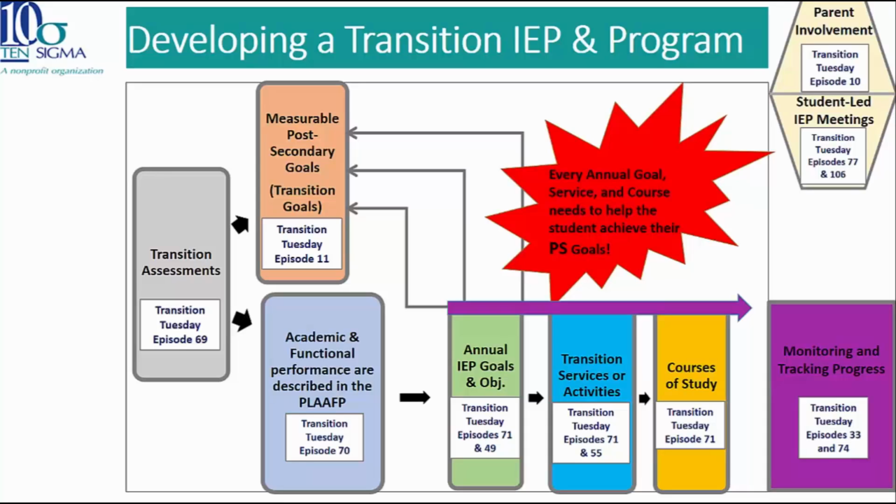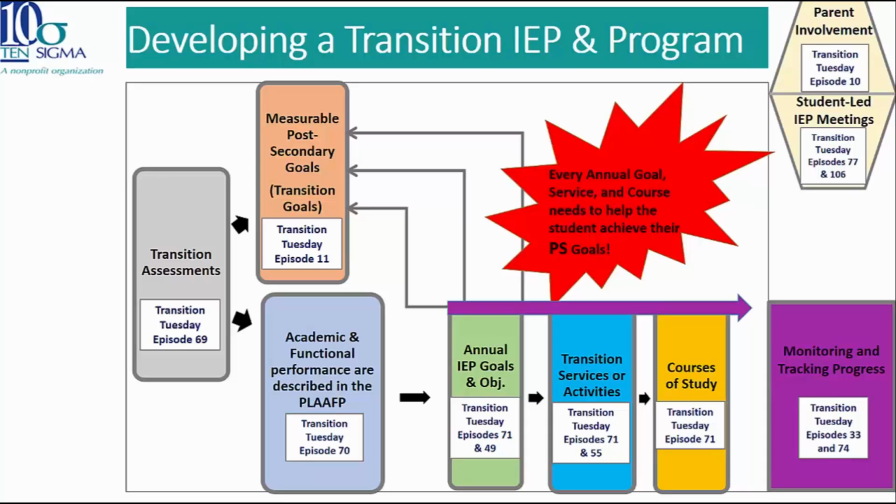Episode 71 explains how to put it all together, meaning from the PLAAFP in Episode 70, how to determine and write annual goals, transition services, and activities, and choose courses that will help the student reach their post-secondary goals. And you can see that the chart illustrates that every annual goal and objective, transition service or activity, and course of study should always lead back to helping the student achieve their measurable post-secondary goals.